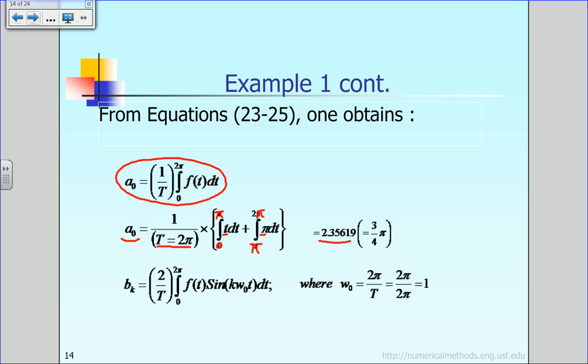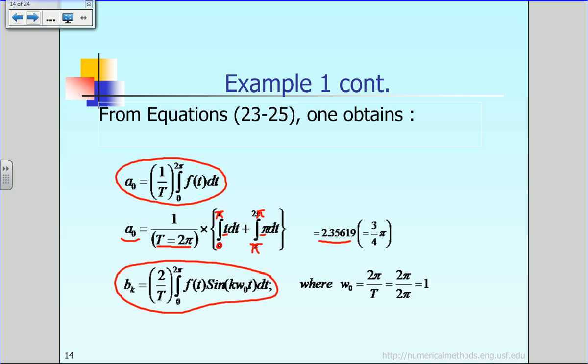The next thing is we need to calculate the constant b sub k of the Fourier series. From the previous lecture, we know the formula we already derived to calculate the constant bk is given by 2 over the period T, times the integral of the given periodic function f of t times sine of k omega naught t.